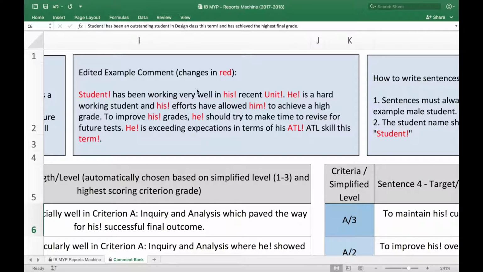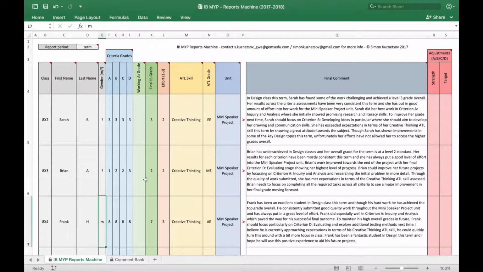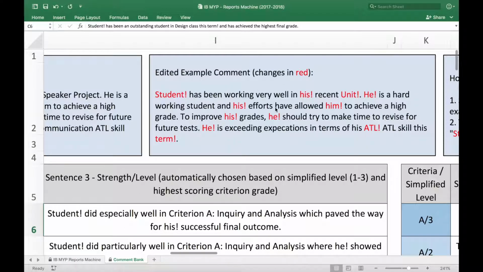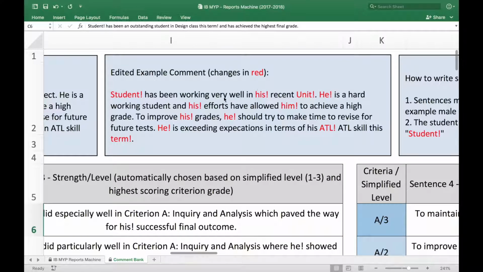So to be able to change the gender of a student in our list over here, so if I change Brian to a girl, for example, it will change all of those gender-specific words to ones that you would use for a girl. So it's just important to remember to write this for a male student. Any comments you use in this have to be written for a male student. And any gender-specific word just has to have an exclamation point behind it.